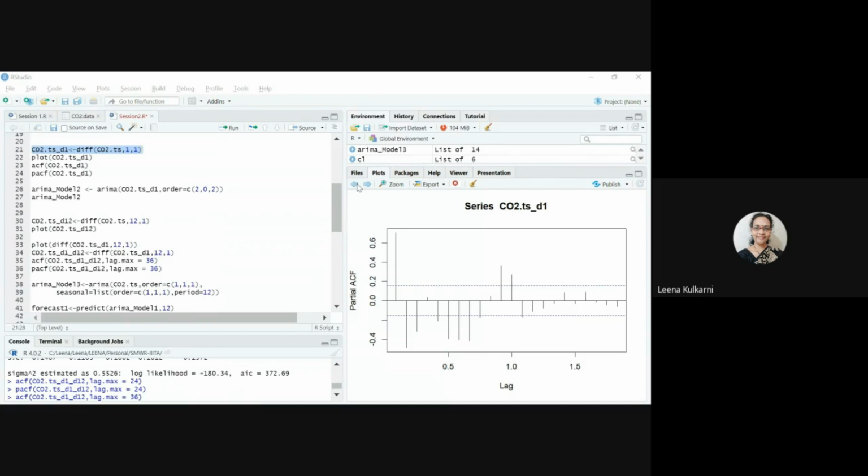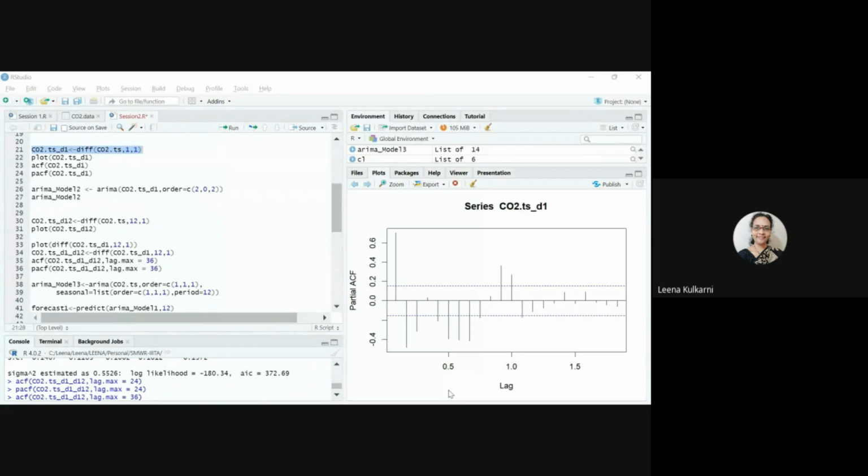Now, if we look at the definitions of autocorrelation, what do you understand by autocorrelation? See, auto means self. In this entire topic, whenever we use the word auto, it is for self, and correlation means it is with itself. So when you talk about autocorrelation of lag k, it is the correlation between yt and yt minus k values.